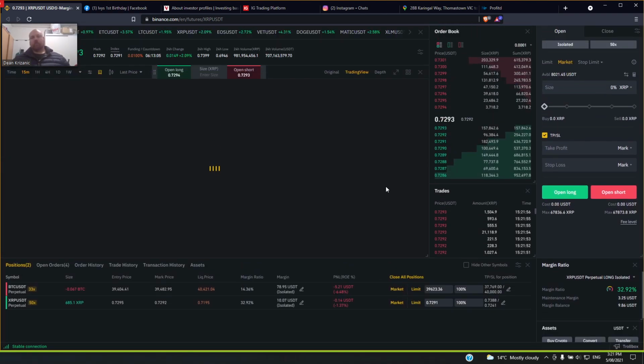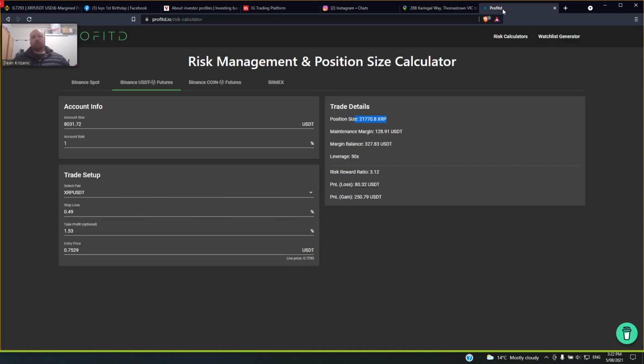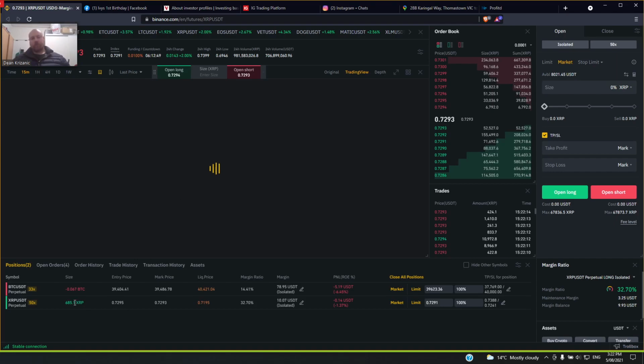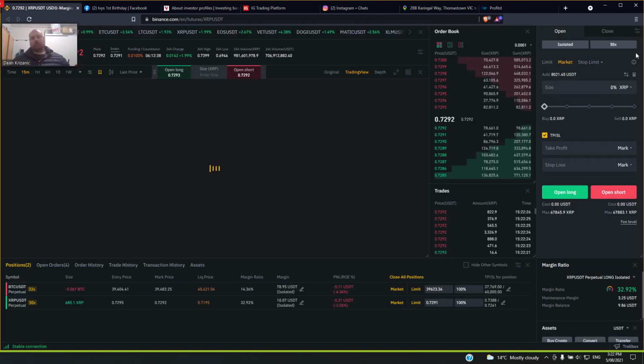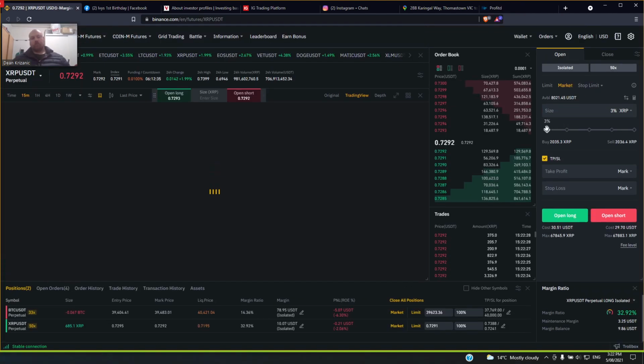Now I did mention in the previous video that Binance and Profit D do this. This is where I touched on in the previous video that you need to take note of your position size. My position size needs to be this much for my take profits to be that much, but my position size is this much, 685, which is not right according to the details that I've put in here, and what has happened by putting 1% in there.